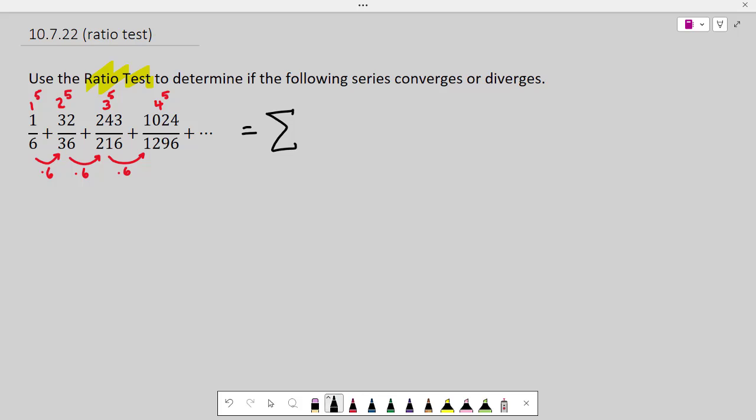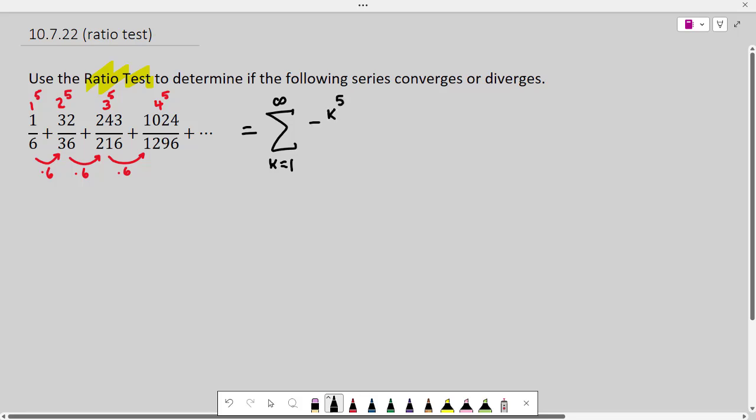So k equals 1, that's where you're saying it starts? We'll double check. So that's going to be k to the 5th divided by 6 to the k. Everybody agree? Okay, so there we have our closed form summation notation.